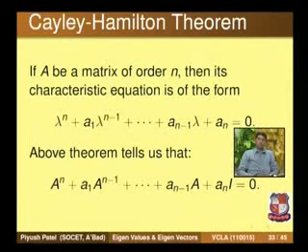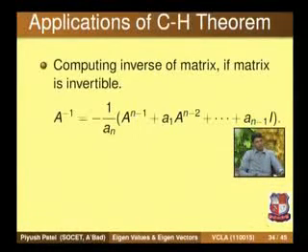And one of the most important applications of the Cayley-Hamiltonian theorem is to find the inverse of the matrix, if it exists. So how can one find the inverse of the given matrix?